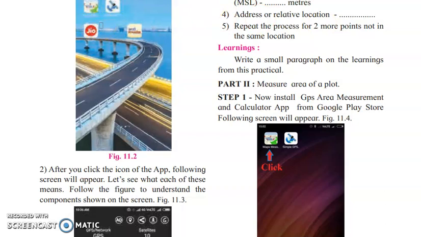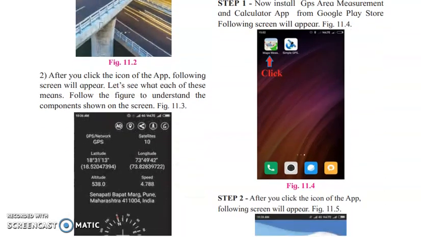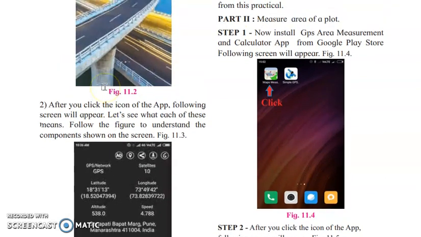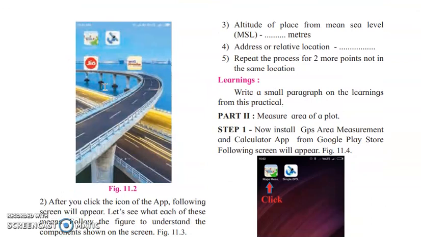You can take it from Play Store. उसके बाद ये जो readings हैं वो आपको मिल जाएगी. Minimum 3 readings you have to take and complete these questionnaires like altitude, उसका speed या फिर longitude, latitude और relative location के बारे में आपको लिखना है. ठीक है.